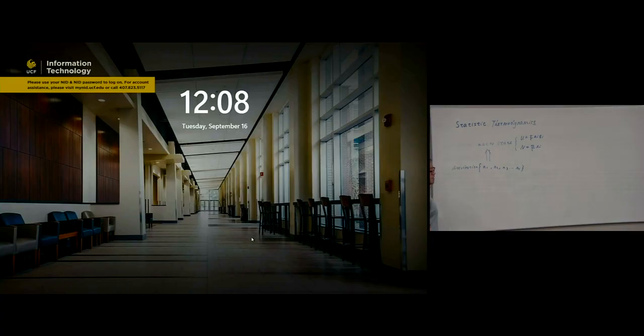And of course, we have different types of distributions. And for each distribution, we have multiple configurations, multiple macrostates, more macro configurations. Okay?